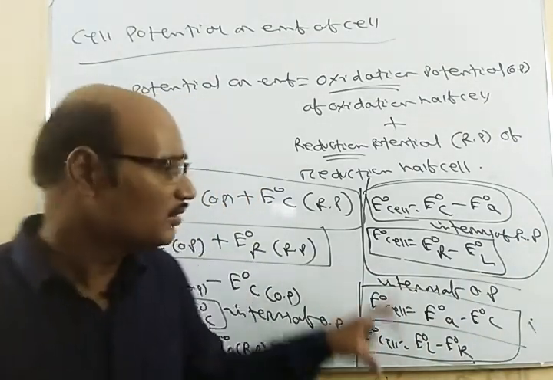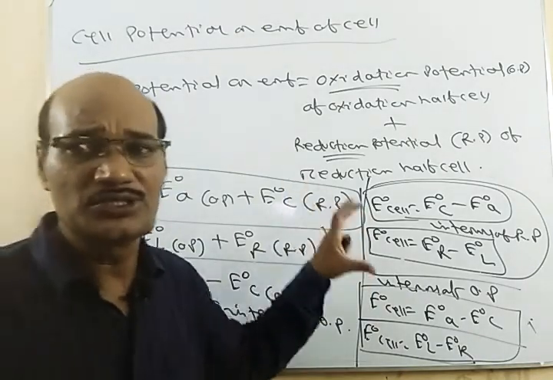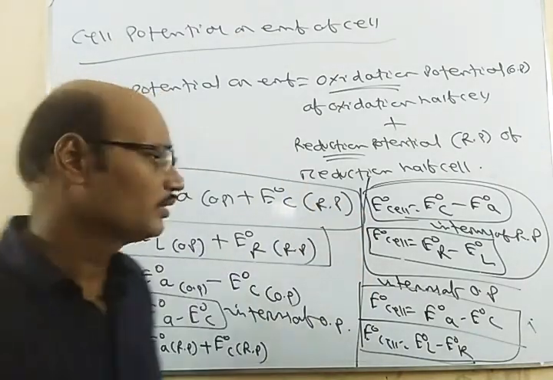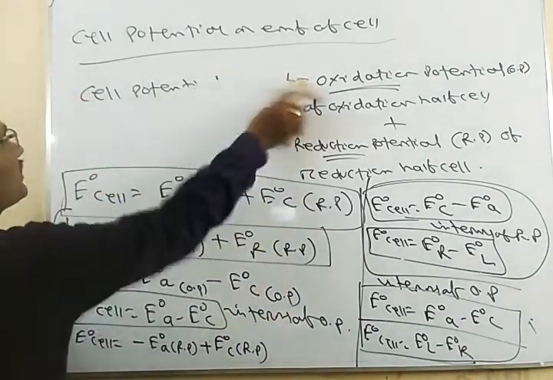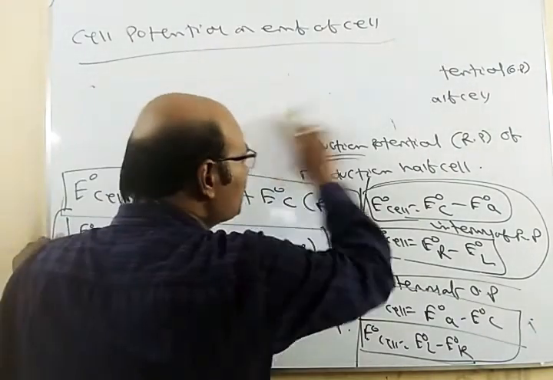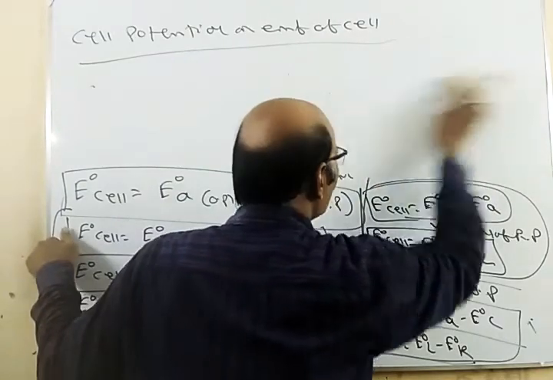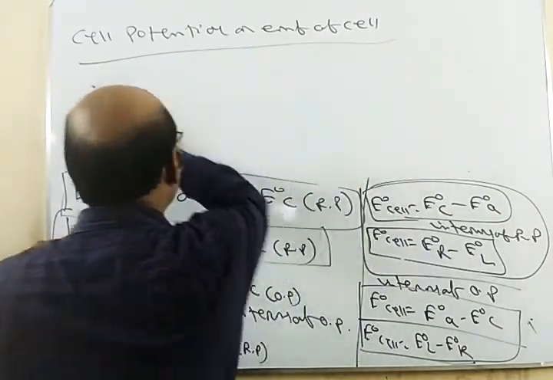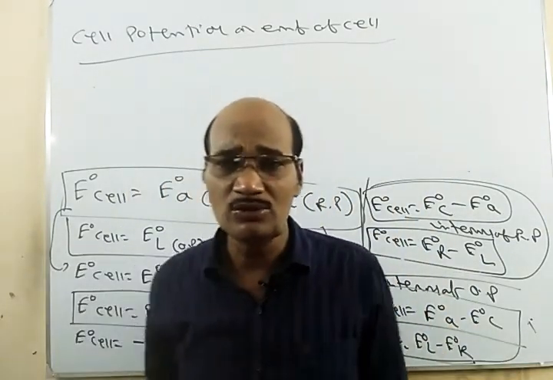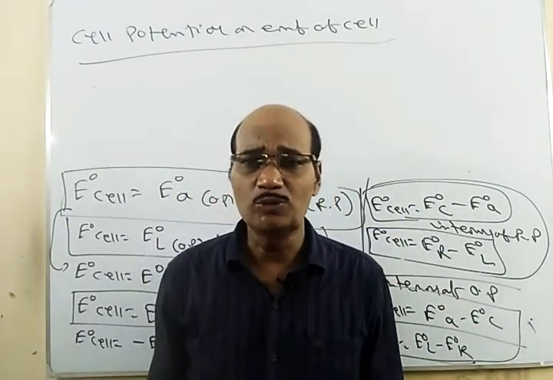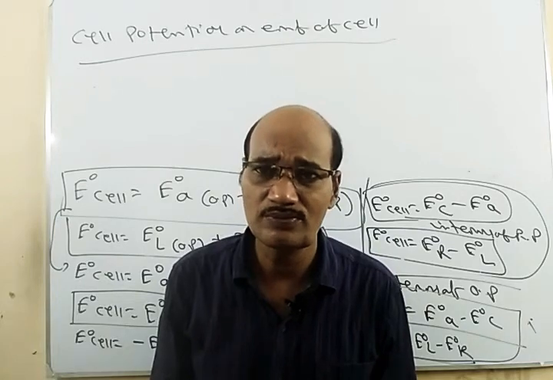So this is the way to calculate the cell potential of a particular electrochemical cell. If the OP of the anode and the RP of the cathode are given, you just add the two values and get the cell potential.